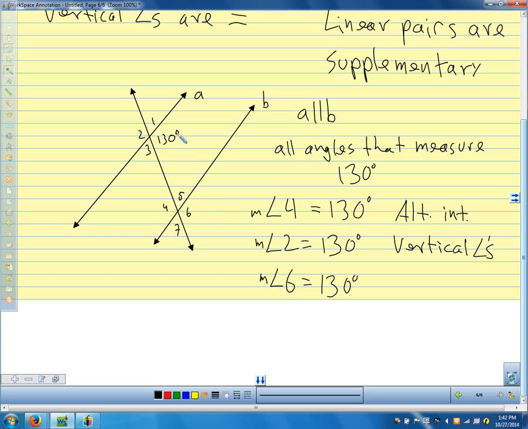And we could also say these two, how are these two related? They're below the parallel line and on the same side of the transversal. One's inside and one's outside, so they are corresponding.